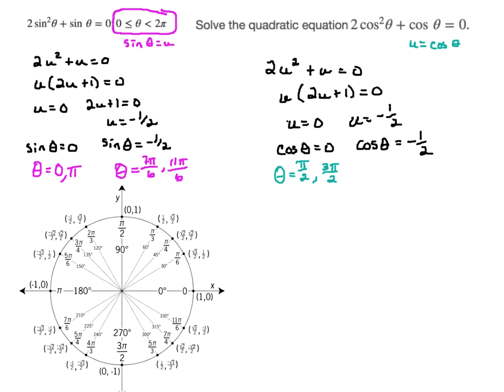That's going to be in quadrants 2 and 3, and that happens when theta is equal to 2 pi over 3, it looks like, and 4 pi over 3. So you've got 4 solutions for that one also. That's it for those two.